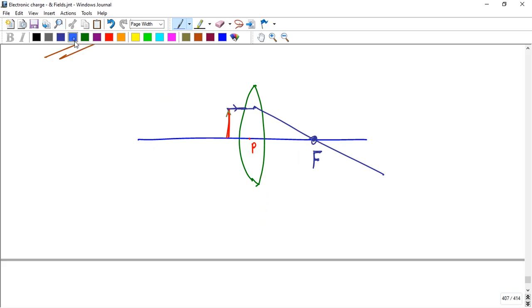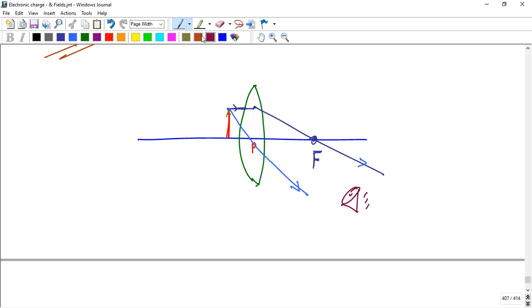So that's why we need another ray passing through the pole. And you see very carefully, these two emergent rays actually diverge, so they do not meet here. When I place the eye here, you see that the rays diverge and do not meet.